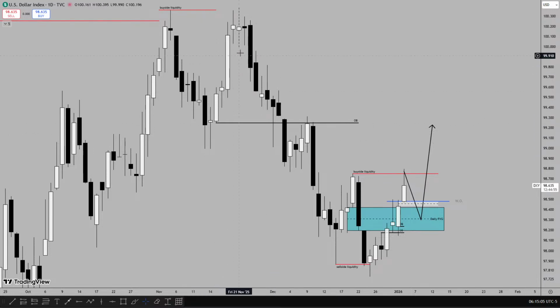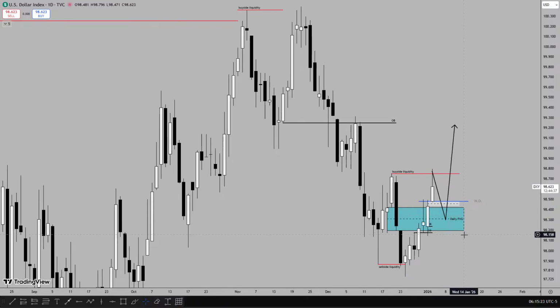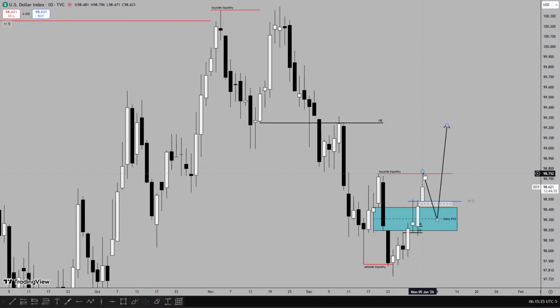While on the weekly time frame, the breakers block hasn't been retraced to, so there's a chance of price retracing to the breakers block. Now, will price trade through the breakers block or use it as a resistance to trade lower? It depends on how price trades to the breakers block. So on the daily time frame, the current bias we're looking at is for price to retrace to its support.